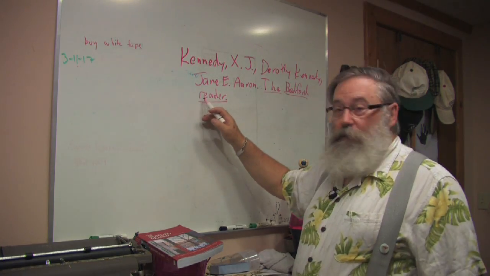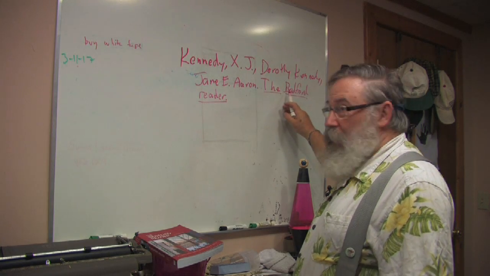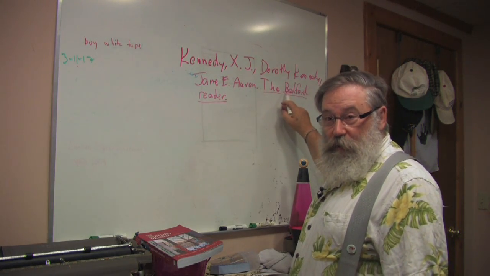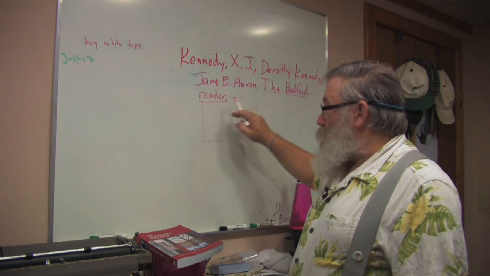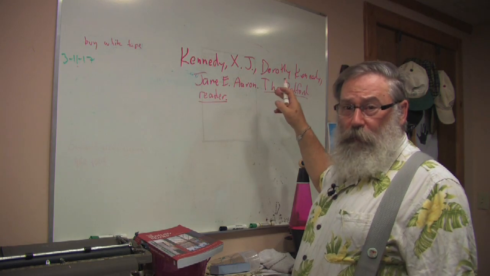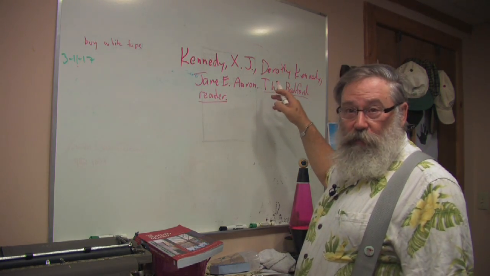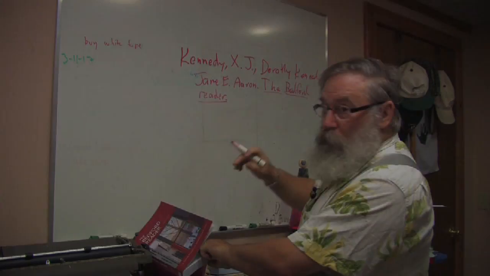You'll notice that I've capitalized the first word and the second word. The second word, Bedford, because that's the name of the publisher. It's a proper noun. Reader isn't a proper noun. So when we're listing the titles here in MLA or APA style, we only capitalize the first word and any proper nouns, period.